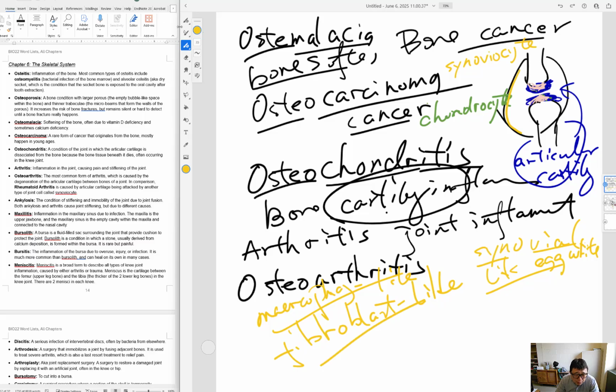However, the fibroblast-like synoviocytes, in some cases, will turn bad. They can turn into cancer-like cells. Fibroblast-like synoviocytes have many different functions.